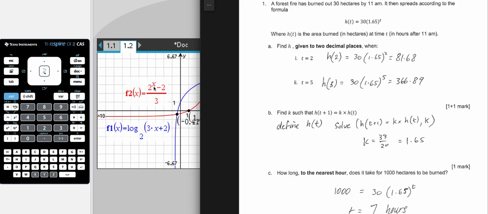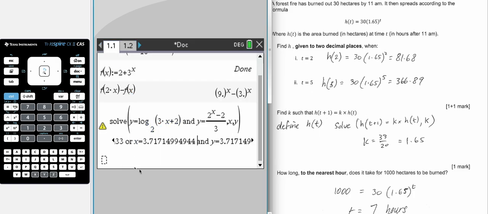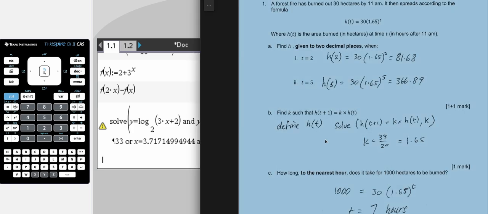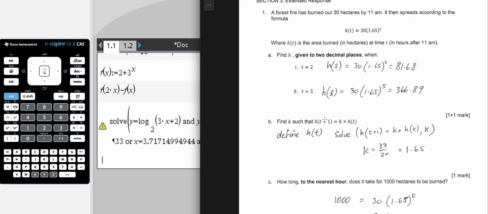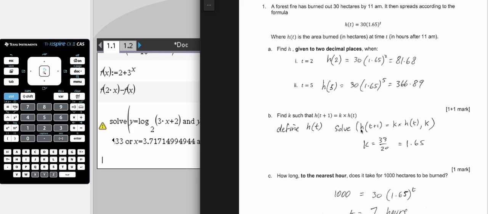What we can do in our CAS for the next one, when we're trying to find K, is define H(t) because we've got the formula up there. Like I've written there, you can put in solve H(t+1) equals K times H(t), solve for K, equals 33 over 20 or 1.65.